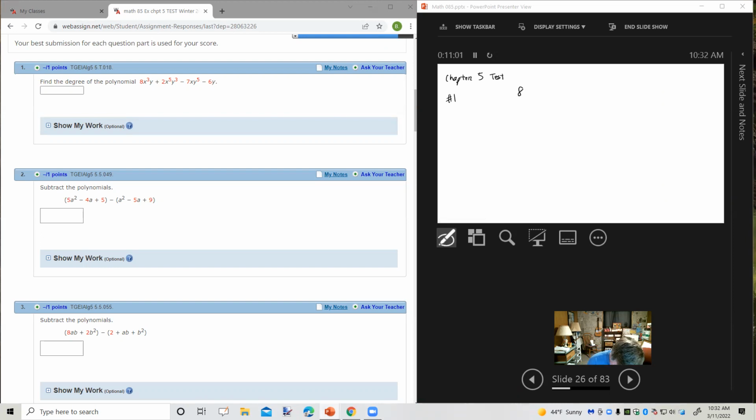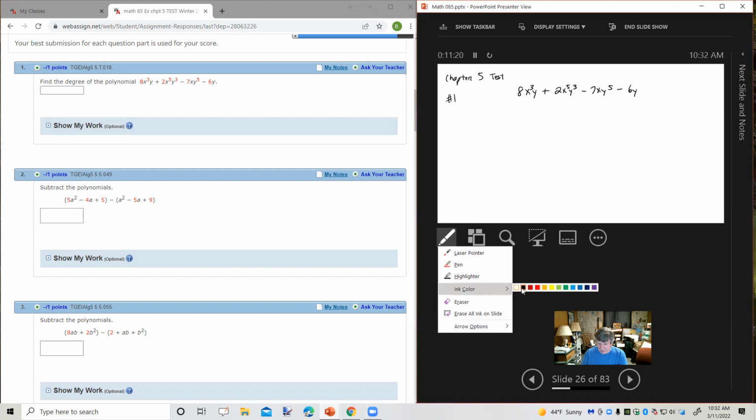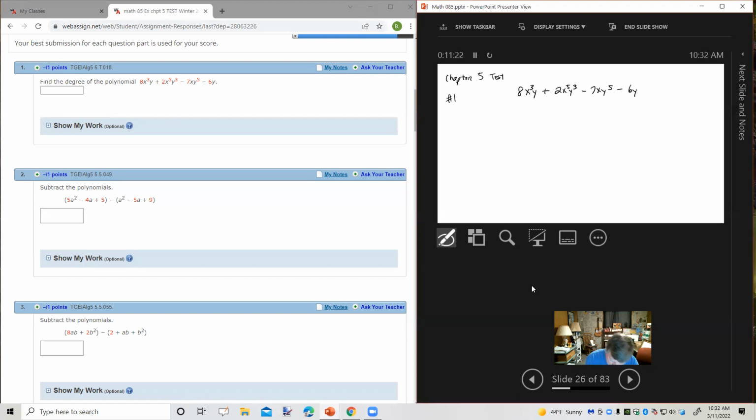We have 8x cubed y plus 2x to the 5th y cubed minus 7xy to the 5th minus 6y. First of all, I want to remind you that there is an implied exponent of a 1 here and here and here. Okay.